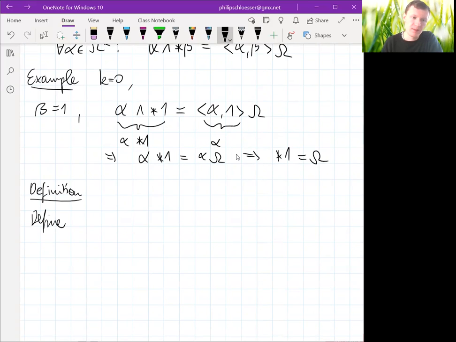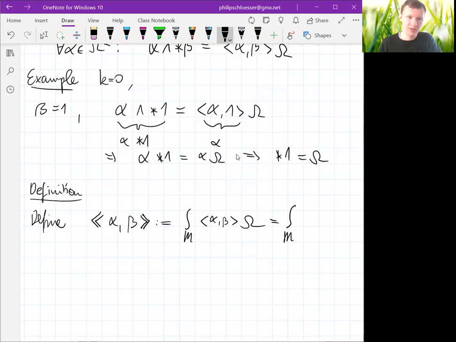So define, well, now we have to use some different symbol. I chose double bracket for no particular reason. We can just define this to be the integral over the manifold M of, well, I guess either side of the equation above.